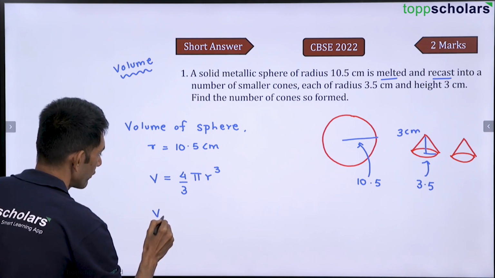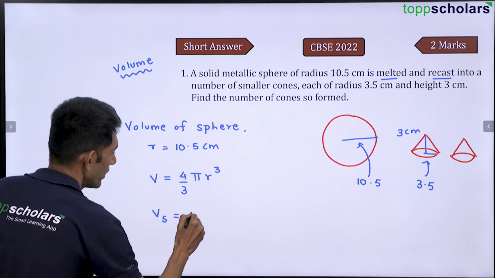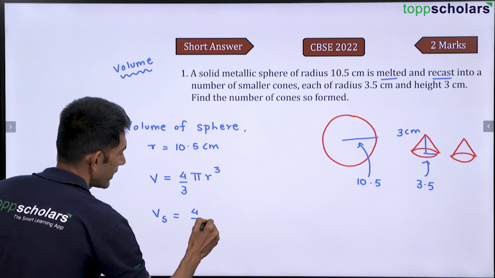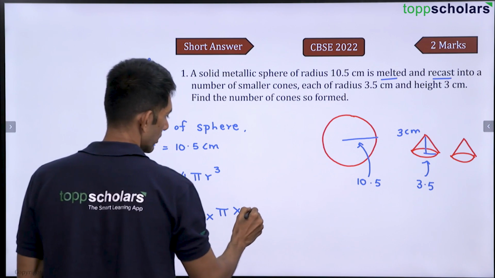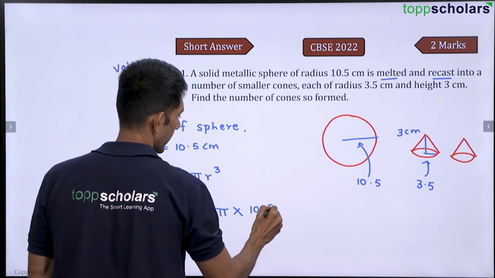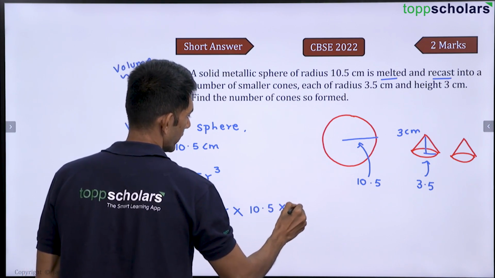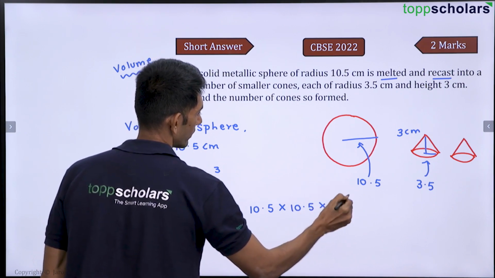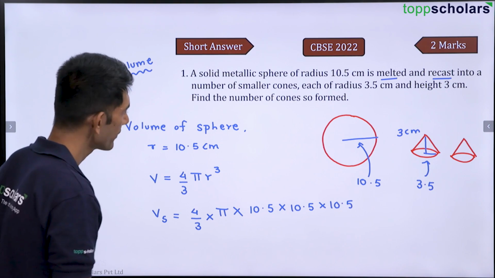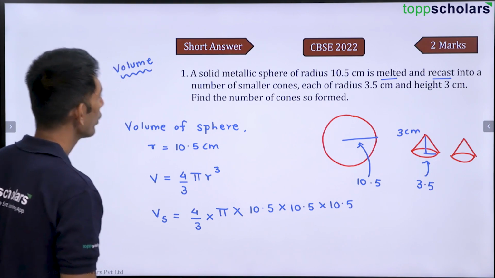That is, the volume of the sphere is 4 by 3 into pi into 10.5 into 10.5 into 10.5. Correct?